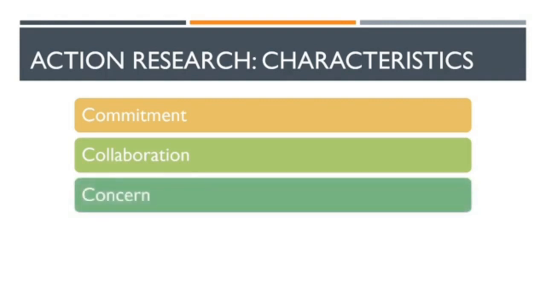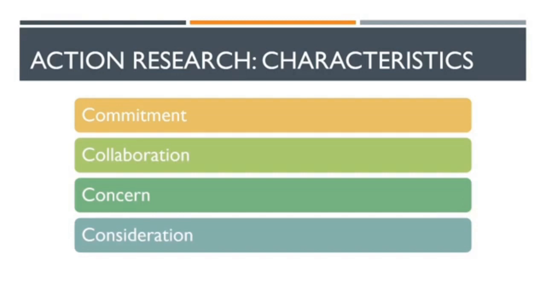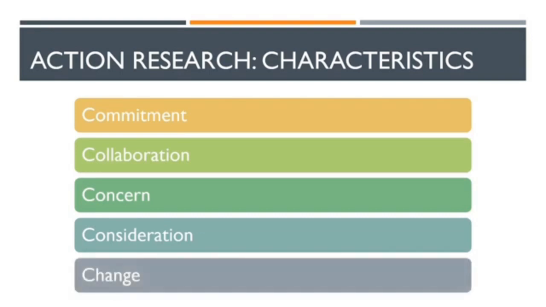The next is concern. The researcher must take good concern of the research environment. The next one is consideration. The researcher should consider and follow the scientific process of the research. And the last one is change. There will be change after the process.